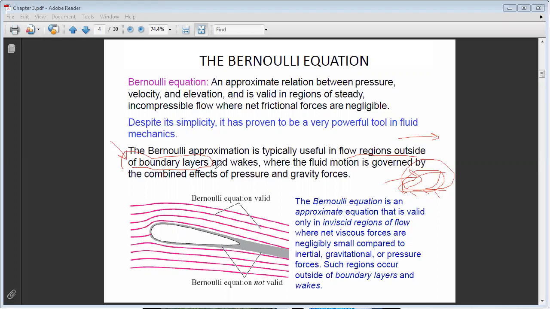And also, we should not have wake regions. What do we mean by this? So if you consider the following example, you have a fluid going over an airfoil. Okay, so then what will happen is that you will have streamlines.